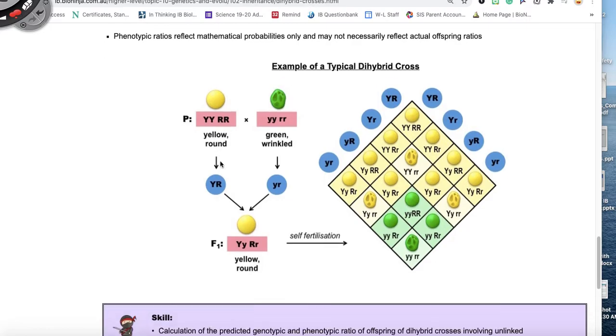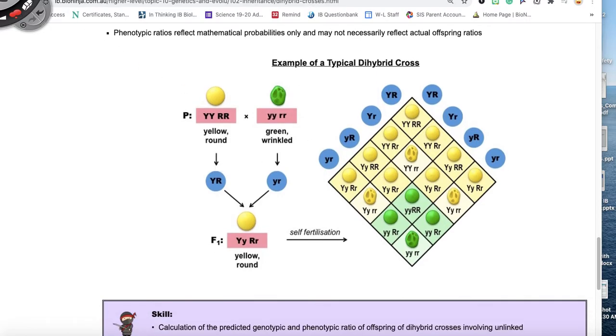So then you have to count, right? And you have to count. If you want to figure out the genotype, then you have to look at all the possibilities. Now, I'm already going to tell you that anytime you do a cross between 2 heterozygous, which is what you have here, you're always going to get a 9:3:3:1 ratio.